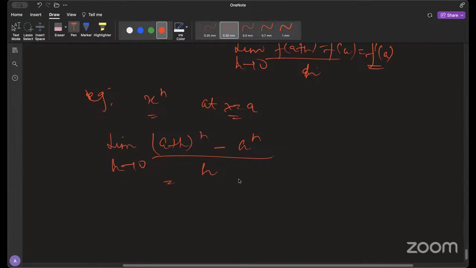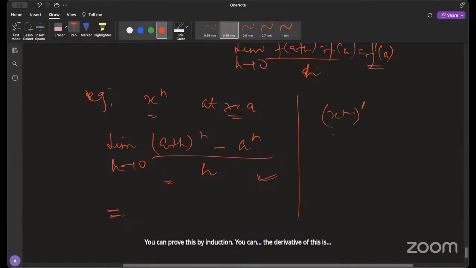Have you heard of binomial expansion for this? Yes, ma'am. We're going to use that here. Or there is another way to do it as well, by induction. So you can prove this by induction. We denote the derivative by dash, right? So the derivative of this is n x to the power n minus 1. We'll just prove how that's true.